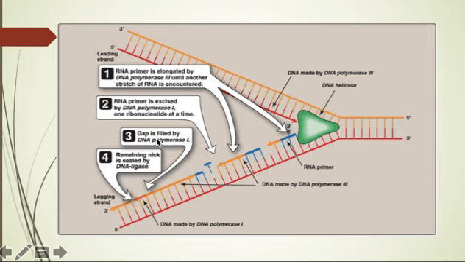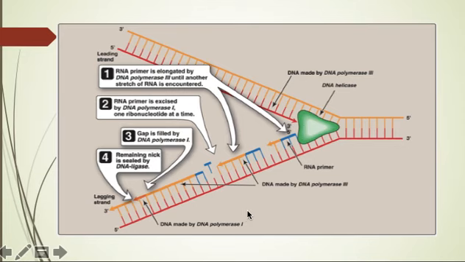The gap is filled by DNA polymerase enzyme 1 and the remaining nick is sealed by DNA ligase enzyme. This is the lagging strand and this is the leading strand. The leading strand runs into the replication fork, whereas the lagging strand runs away from the replication fork.